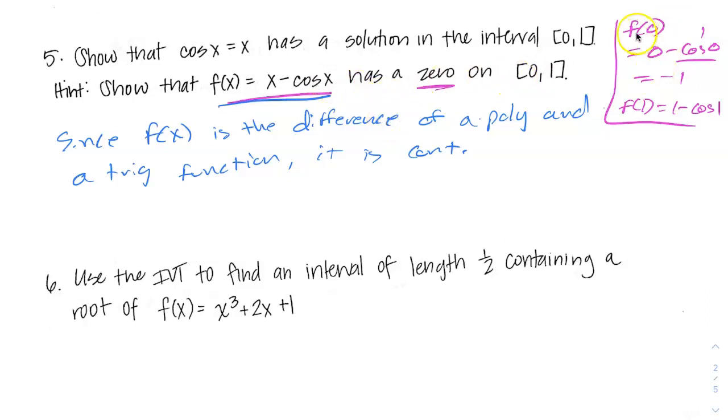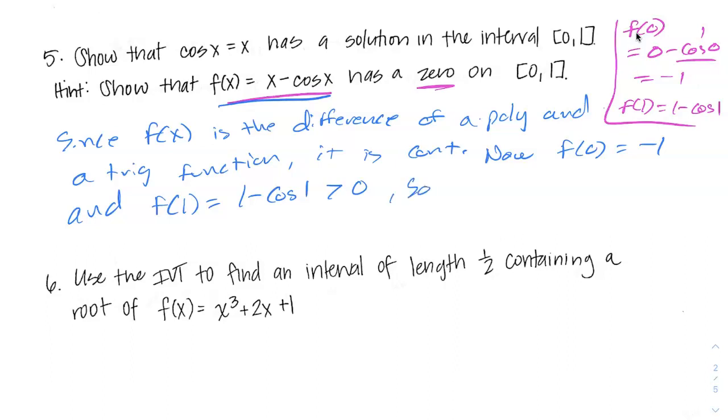Second, let's show our values here. We're going to say f of 0 equals -1 and f of 1 equals 1 minus cosine of 1, which is a positive number. So we look for 0, right? f of 0 is less than 0, which is less than f of 1.